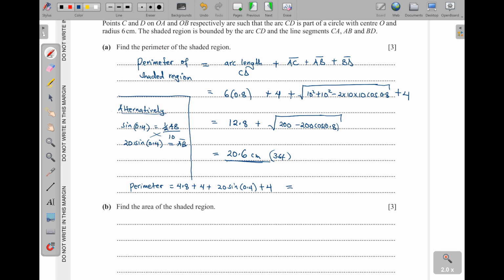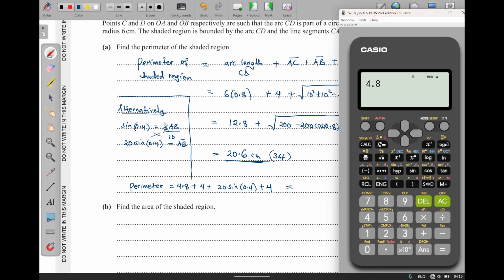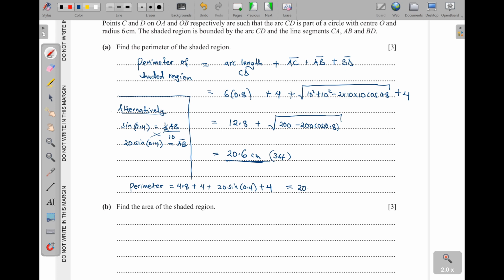So what do we get here? 4.8 plus 4 plus 4, then plus 20 sine of 0.4. Remember, the calculator has to be in radians. Do you see that we get the same answer? 20.6 centimeters. So you can use this one, or you use this one here when you are finding the value of AB.